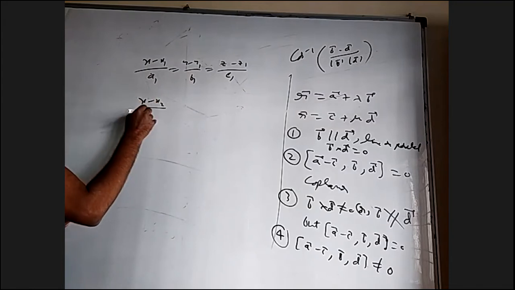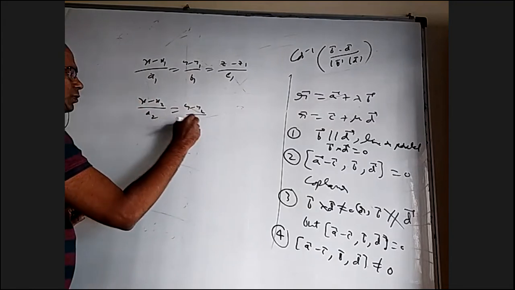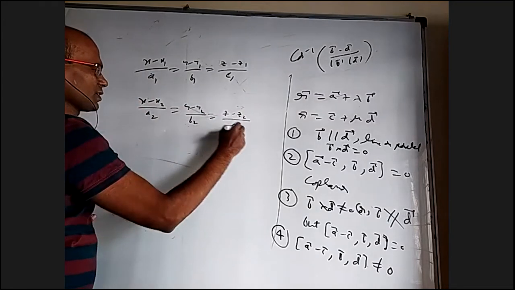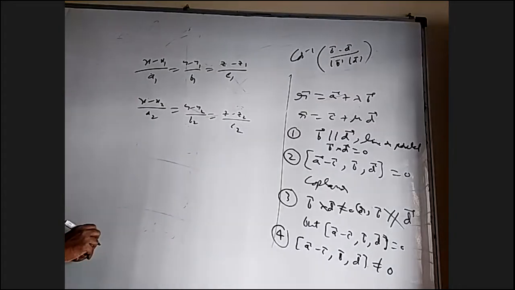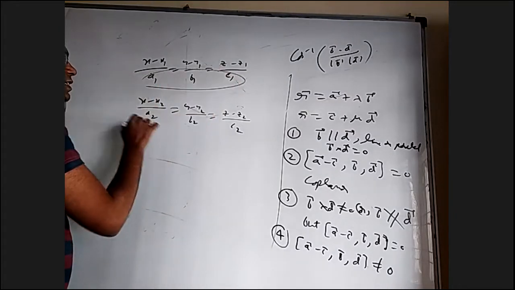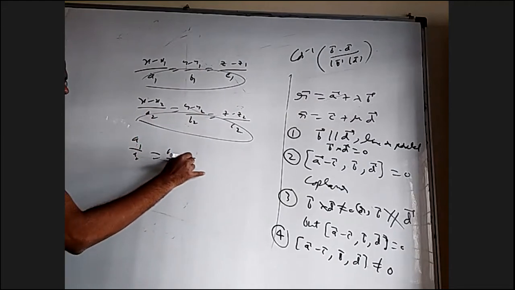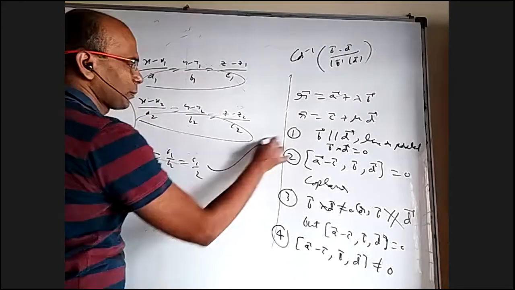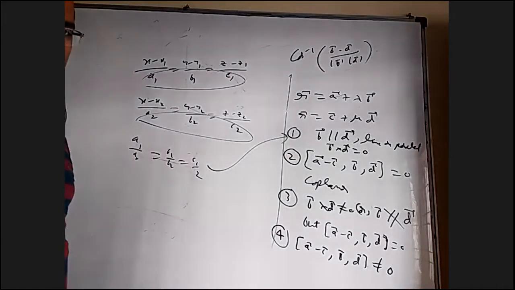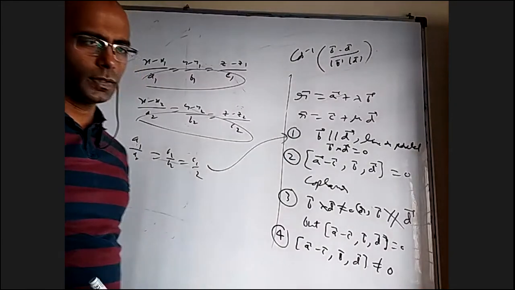Similarly, x minus x2 by A2, y minus y2 by B2, z minus z2 by C2. When they are parallel, if these DRs and these DRs are in the same ratio, that is A1 by A2 equal to B1 by B2 equal to C1 by C2, then they're parallel lines. The same as B cross D is 0, or B is parallel to D.